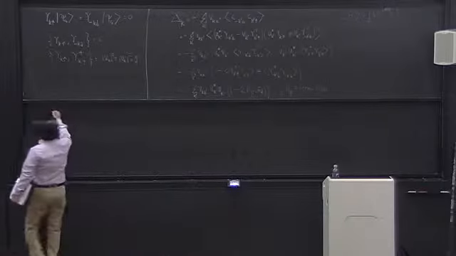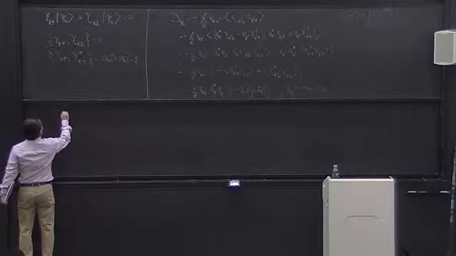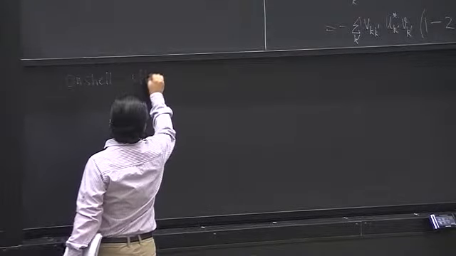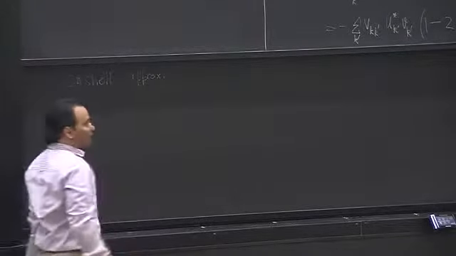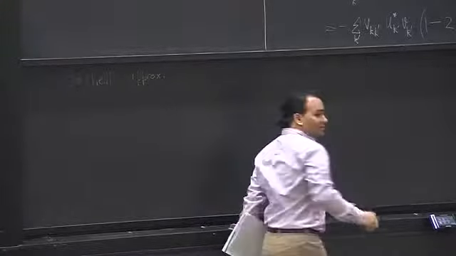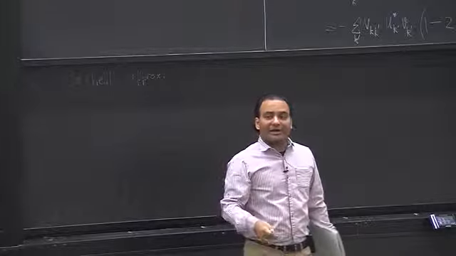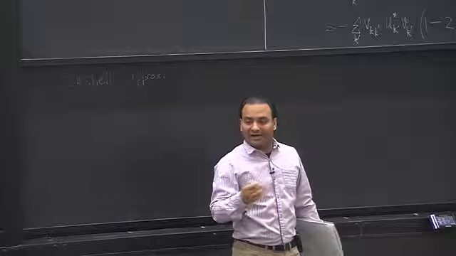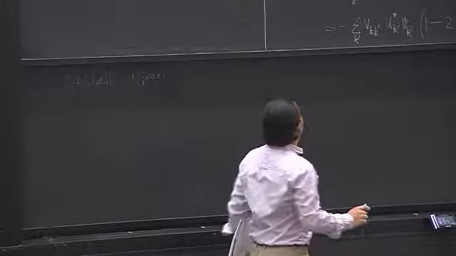Within the on-shell approximation, v k k prime is just going to be minus v if both energies k and k prime are within h bar omega c, or 0 otherwise.